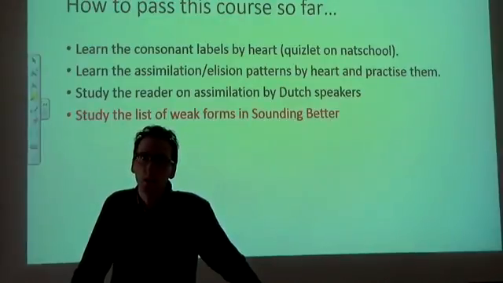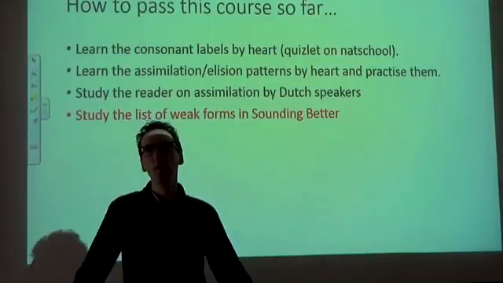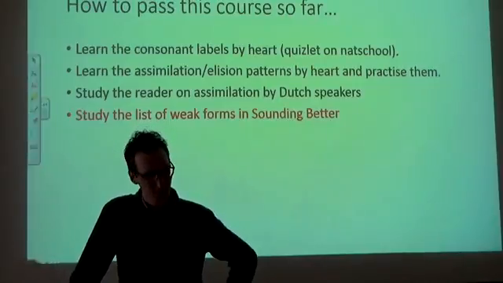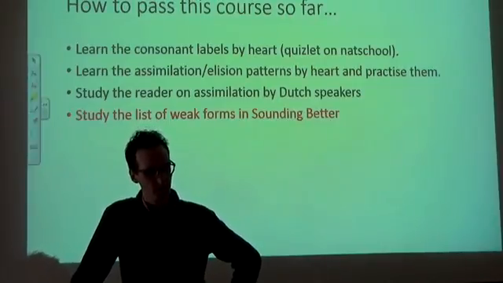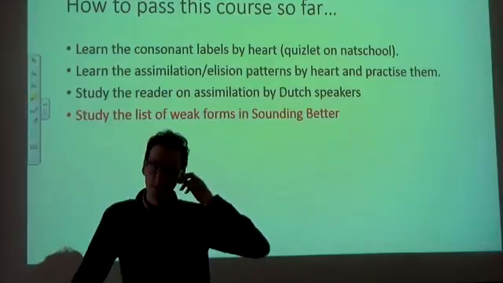If you don't have Sounding Better anymore, try and get a copy from the mediatheek. There's a list of weak forms. Of in list of is weak as well. List of weak forms in Sounding Better. So just learn those by heart.